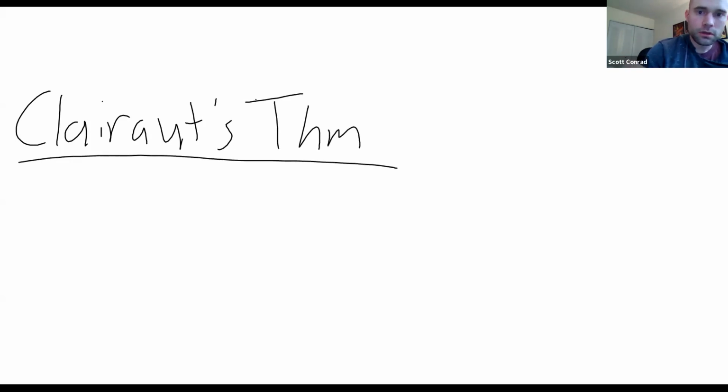And in fact, that's always going to be the case for every function you're going to encounter in this class. And that's an important theorem that we'll refer to over and over. That's called Clairaut's theorem.